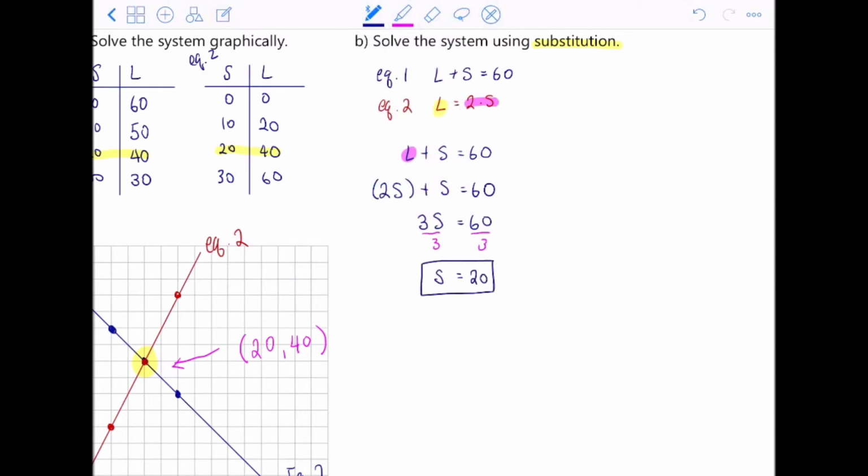Once you find one variable, you can sub it back into one of the two equations we set up. I would choose equation 2 because we're looking for L and it's already isolated. So I'm just going to sub this in here. S equals 20, so 20 goes into here. 2 times 20 equals L. So L is 40.